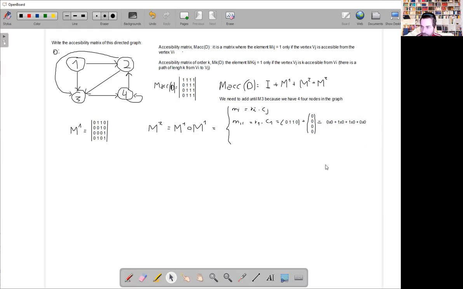So this is the multiplication of the first row by the first column. And in this case, the result is 0, right? It is 0.